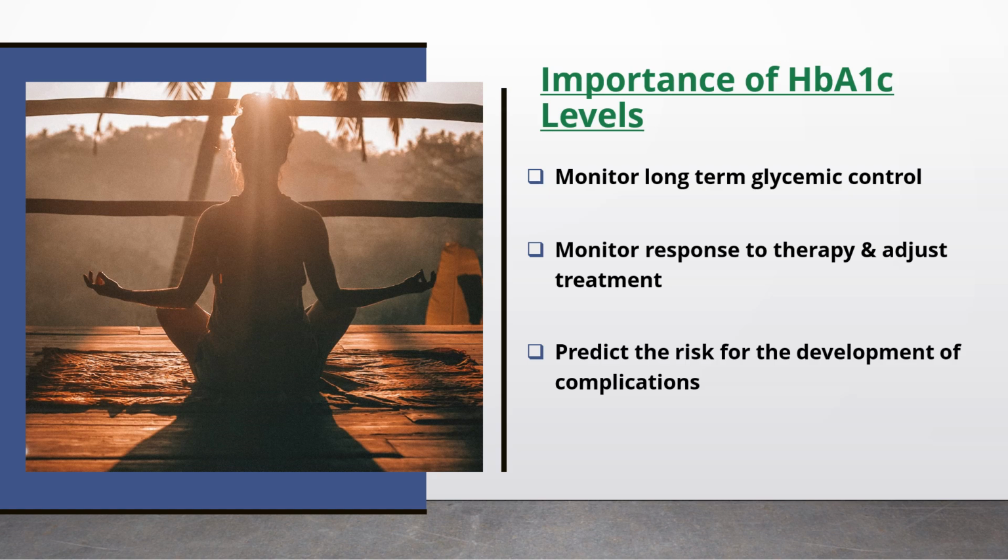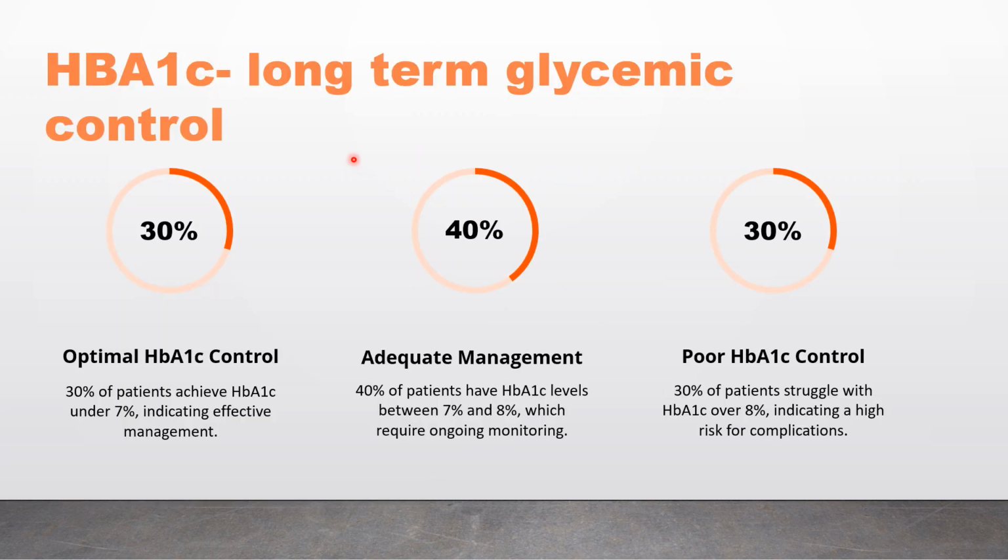Now, let's discuss this long-term glycemic control further. We see that among patients who are undergoing treatment, 30% are able to achieve HbA1c levels less than 7%. That is, they have optimal HbA1c control.